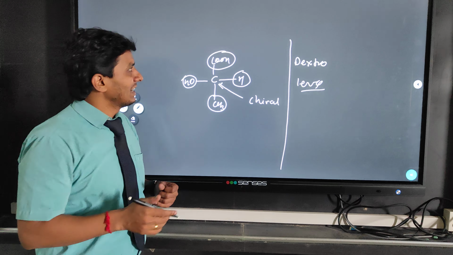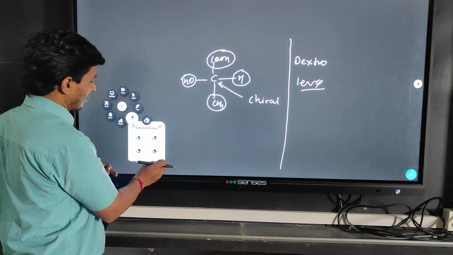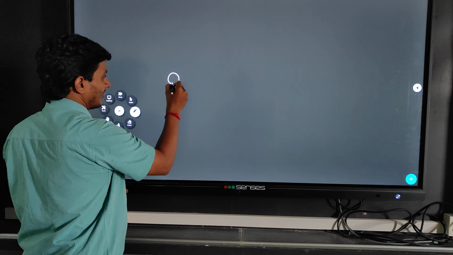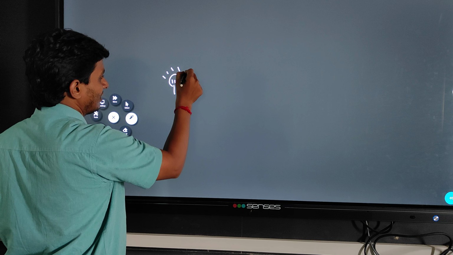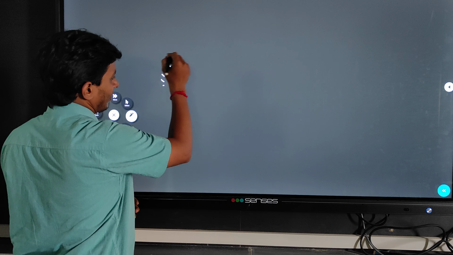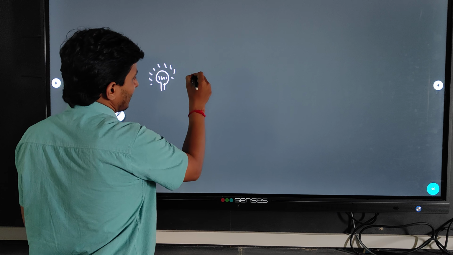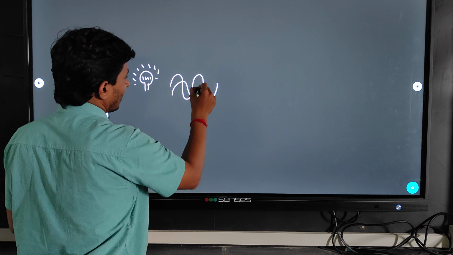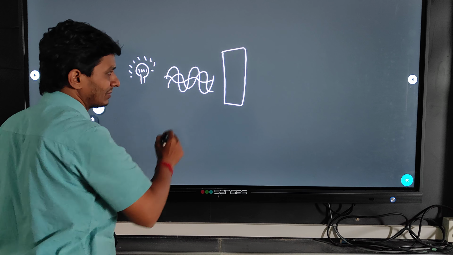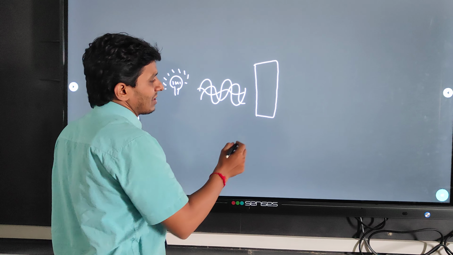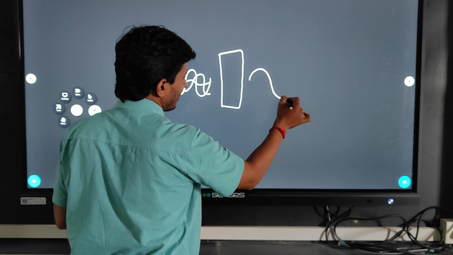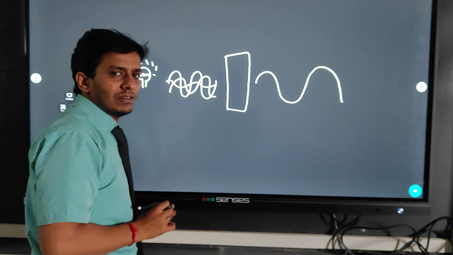We know that light has several possible vibrations. If you consider this a light source, it has several possible vibrating frequencies, and when it is passed through a filter, that filter gives you a single vibrating light.